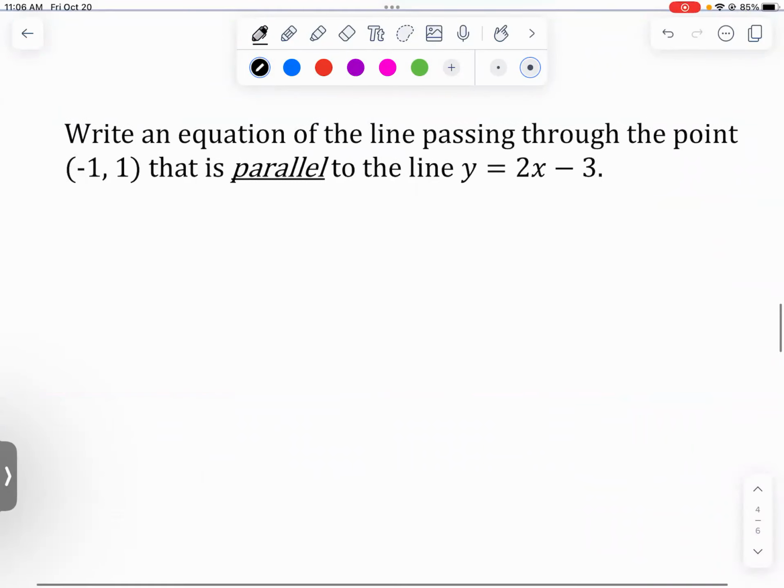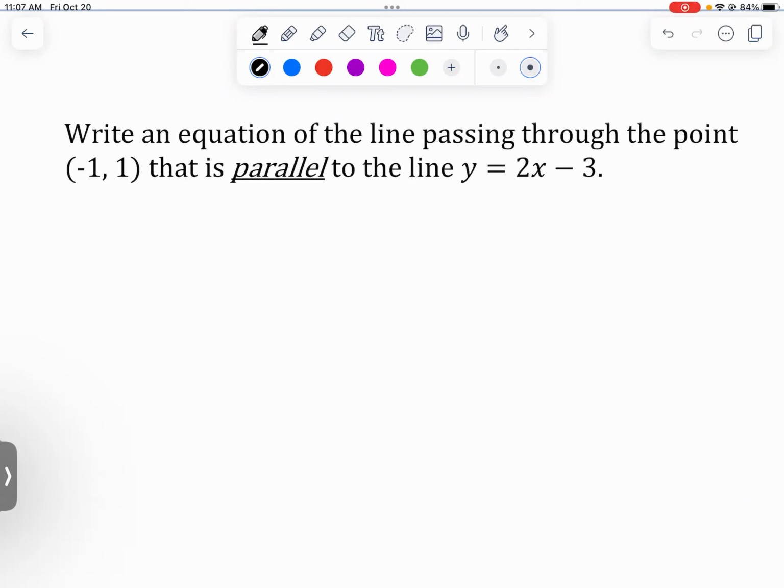Okay, so let's go to page 9 in your workbook. What we need to be able to do is take information and write the equation of a line. So yesterday in that worksheet that I gave you, you could write y equals mx plus b if you had a line or a slope and a point or 2 points. Now we have that same process, except I'm giving you the information in a slightly different format.